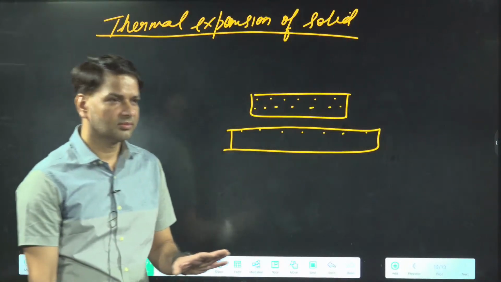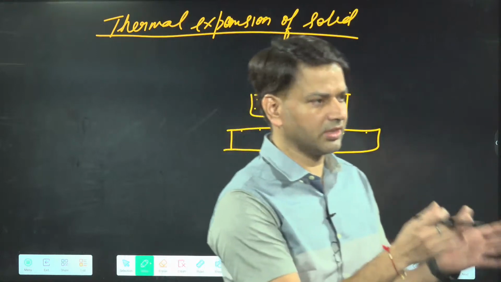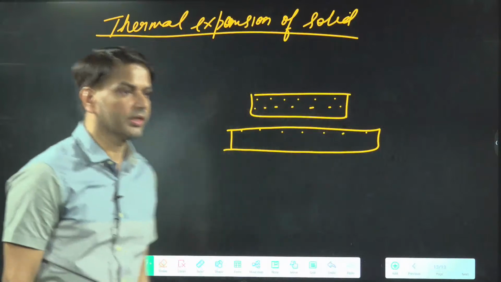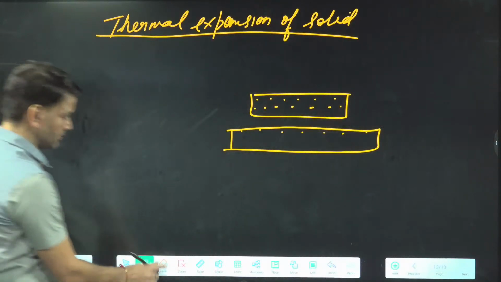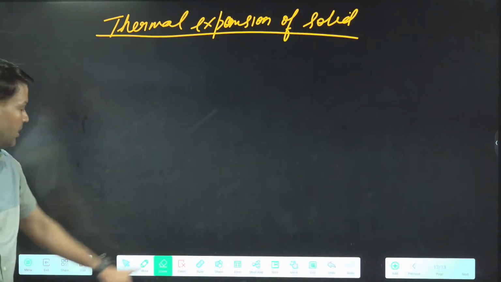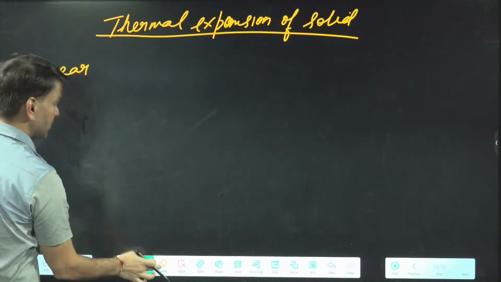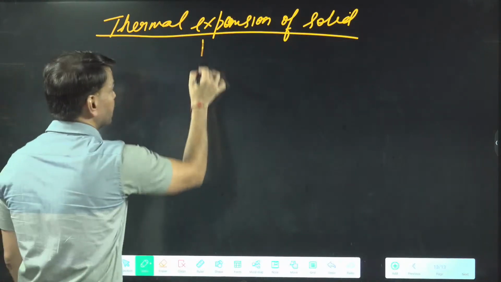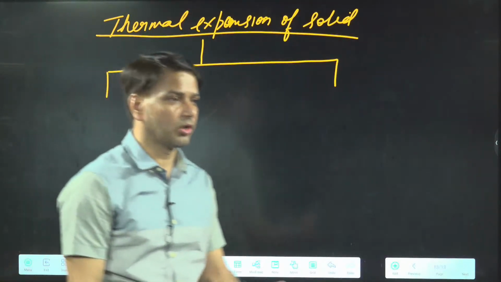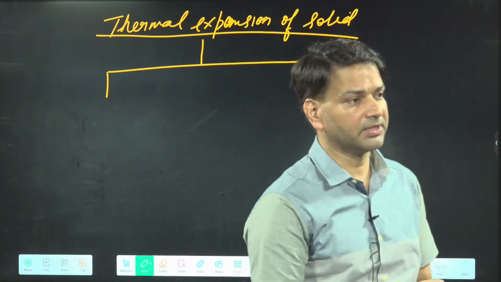Understood or not? Everybody knows that basic. When we increase the temperature, every molecular or atomic distance increases. That's why overall the solid expands. So in expansion, suppose I am talking about linear expansion. We can categorize expansion of solids into three: linear expansion, areal expansion, and volume expansion.